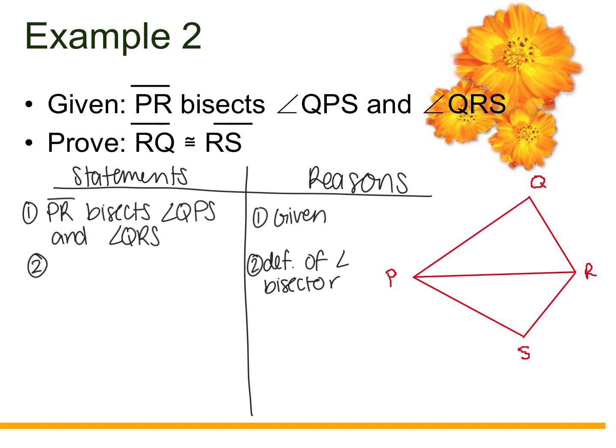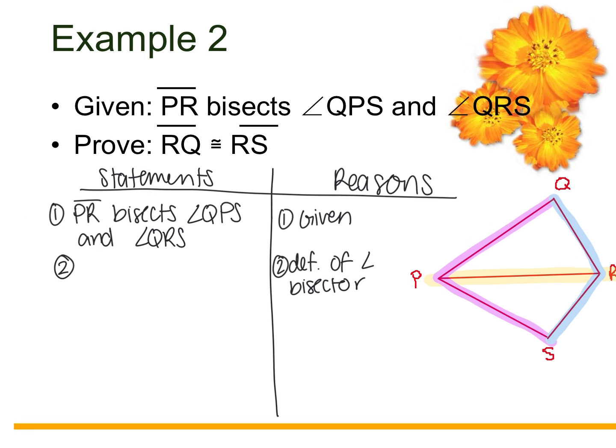So again, I'm going to use my highlighter. This right here, PR, is bisecting 2 things. My first one, I'm going to go ahead and do QPS, and then my second one is QRS. So what 2 things are going to be bisected? Yes. Angle QRS and angle S, sorry.